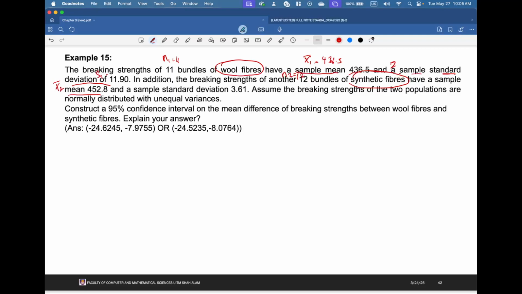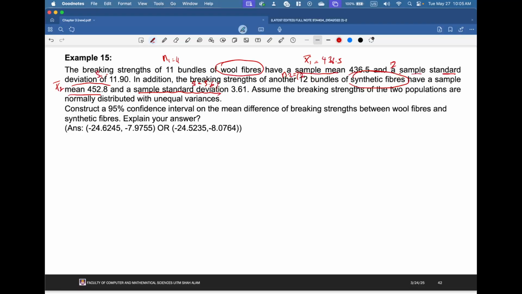The 2 here is a subscript to represent the second group of what we are trying to calculate. So we have the first group wool fiber, and the second group synthetic fiber. And the standard deviation of 3.61 means that this is a sample standard deviation, with the symbol S, 3.61.